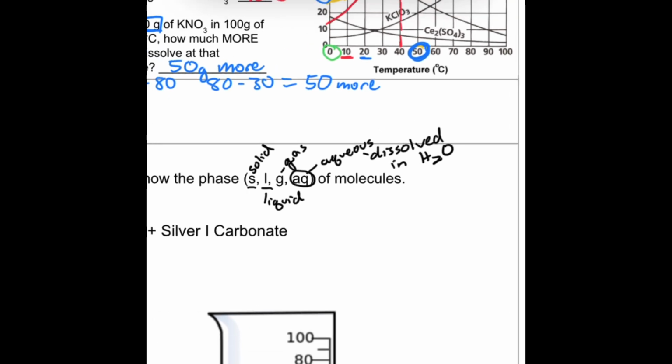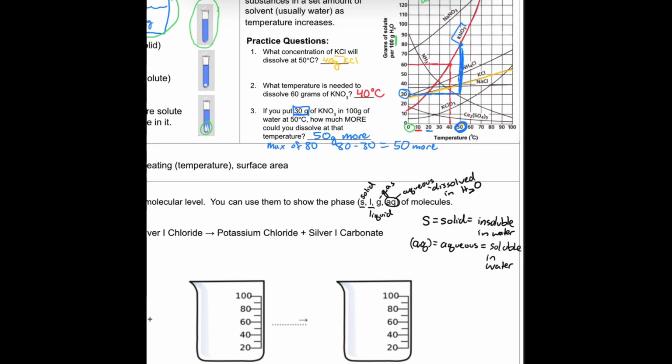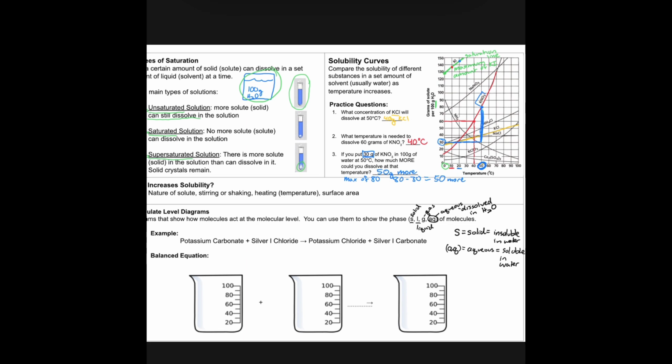One, if I'm assigning something solid phase, that thing is going to be insoluble in water. However, if I assign something the aqueous phase, that means that it's soluble in water. And I know that specifically because if something can dissolve in water, it has to be soluble, right? So we're just going to write that down to remind ourselves.